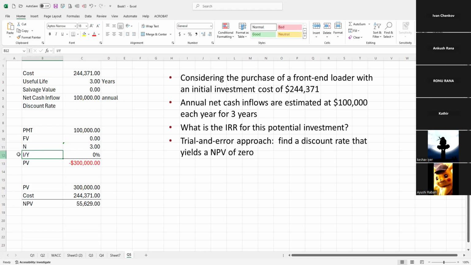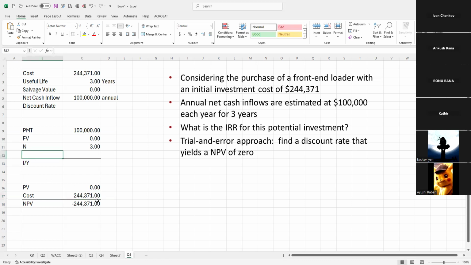So what I have to do, those two lines, I have to modify them. So here, I'm looking for I/Y. How much is this one? But what do I know? Do I know my present value? What do you think?